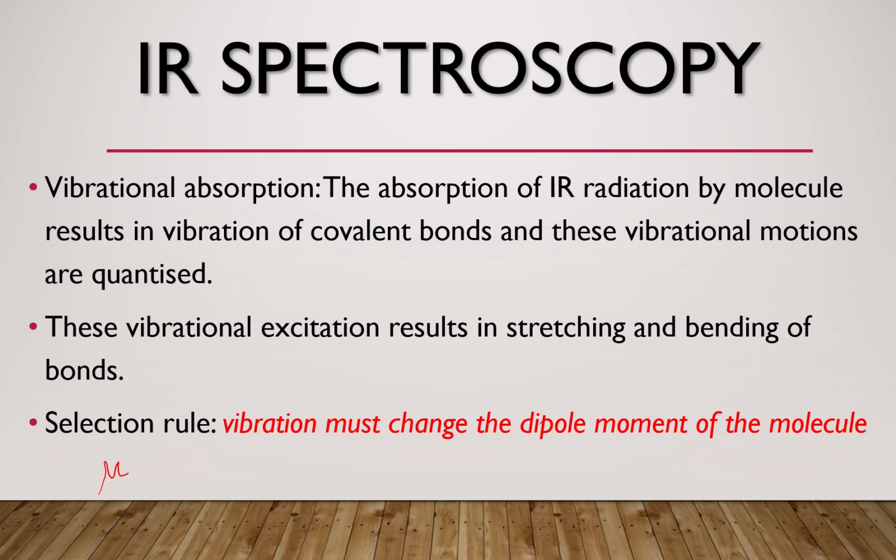If the dipole moment is equal to 0, then that molecule is said to be IR inactive. But if the dipole moment is not equal to 0, which happens only when there is a change in the dipole moment of the molecule, then the molecule is said to be IR active.